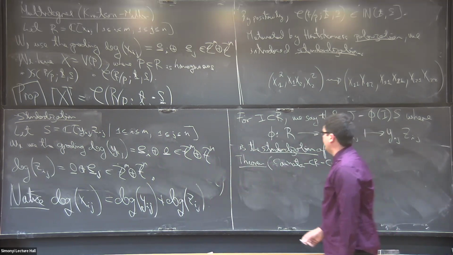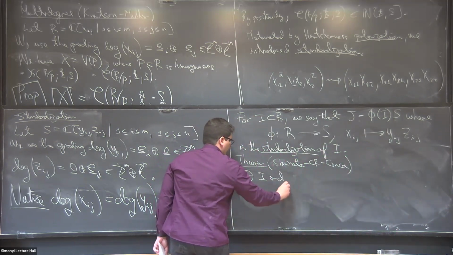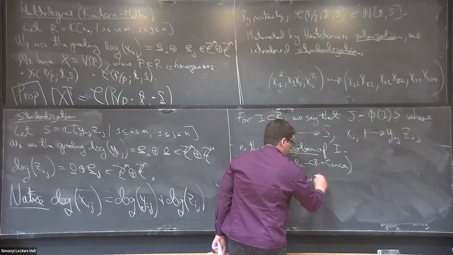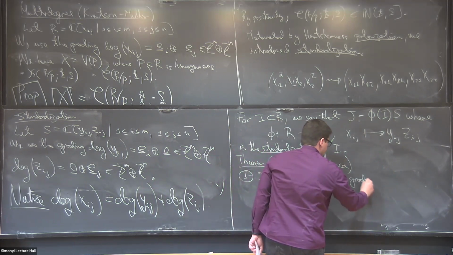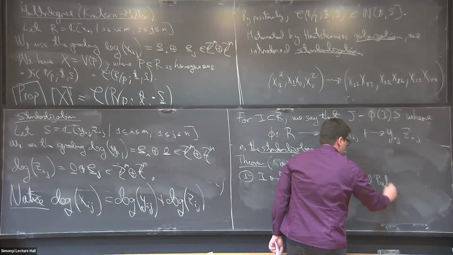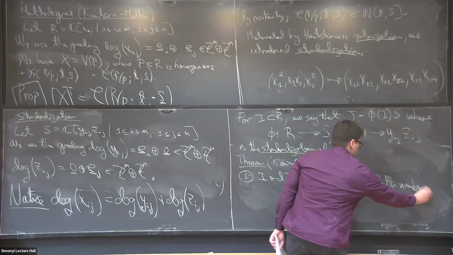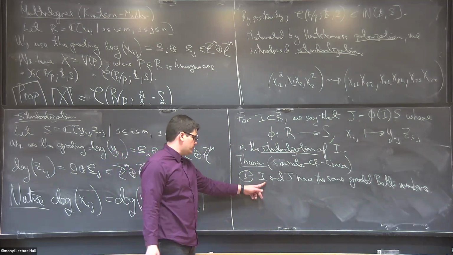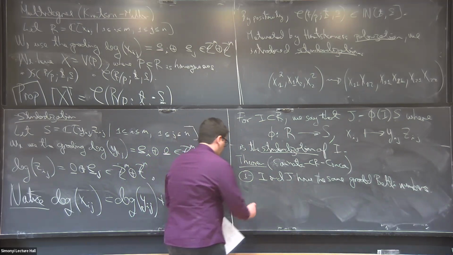We show that I and J have the same graded Betti numbers. So the information in the minimal free resolution of I and the one of J will be the same.